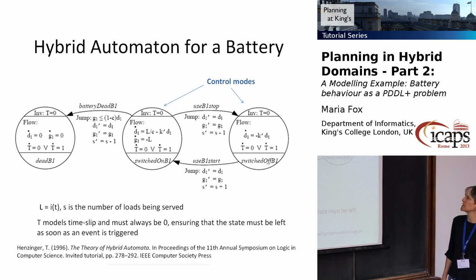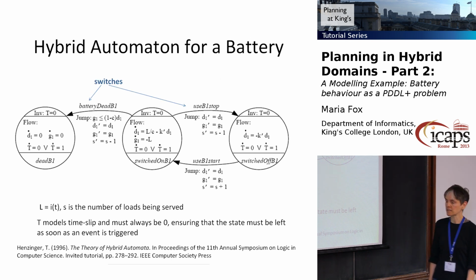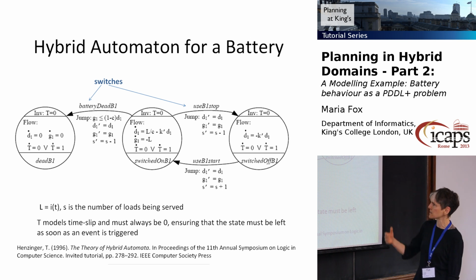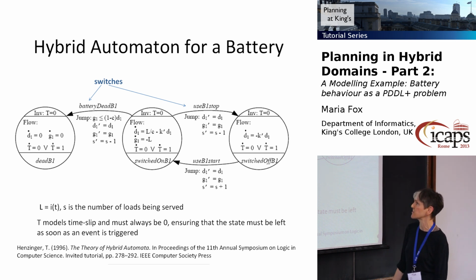So in this picture we can see the control modes of the battery, and some of the switches between those control modes. And we note that within the control modes there is both logical state, so the battery can be either on or off, and there is also the continuous state, which is given by the differential equations.